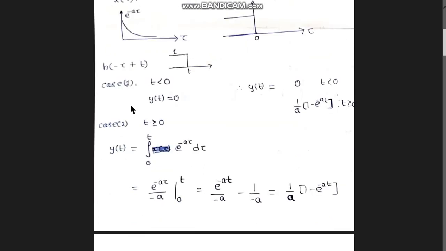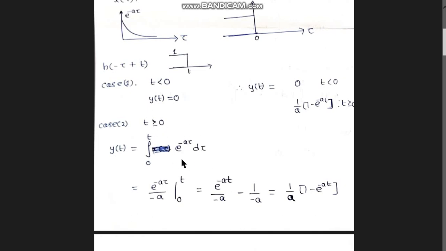So the limits for integration are 0 to t. We write the amplitude values: e power minus a tau for this limit, and the other value is 1. So e power minus a tau into 1 multiplied by d tau is the function we got.